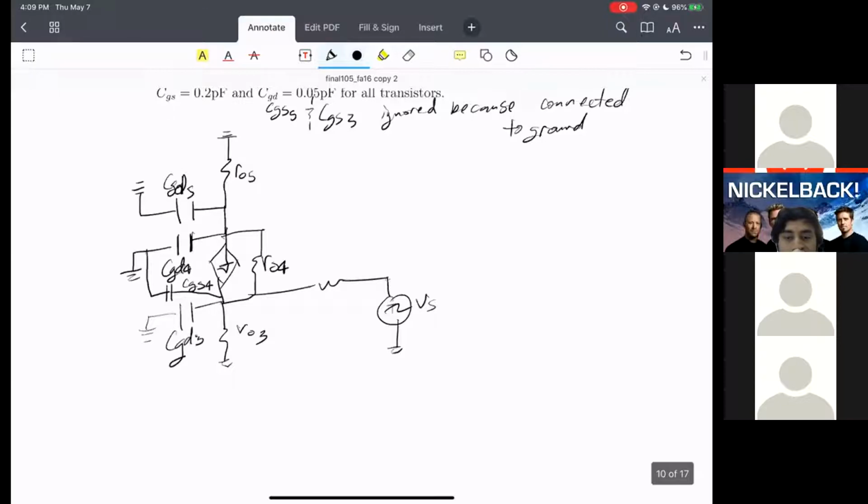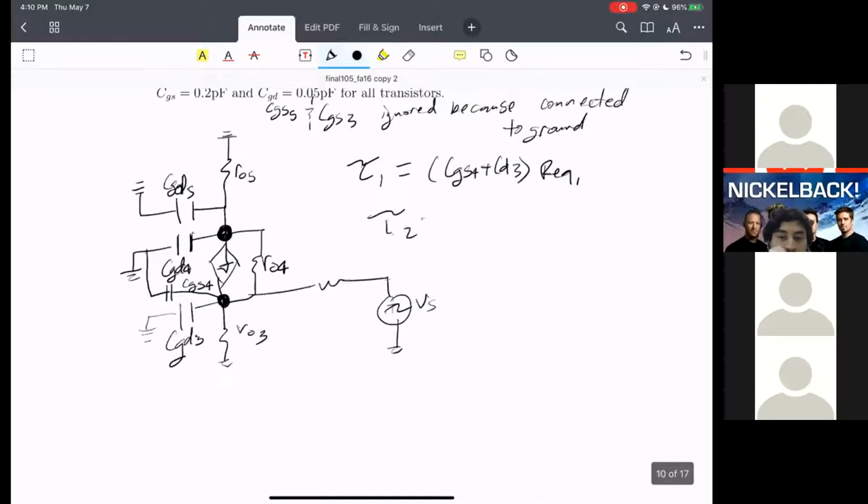Okay, so now we have 2 time constants. We're going to have one here, and then we're going to have another one here. So let's calculate the time constant for the first one. It's going to be CGS4 plus CGD3 times some equivalent resistance R equivalent 1.